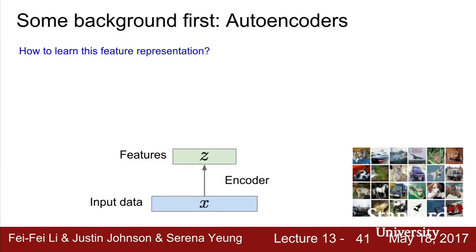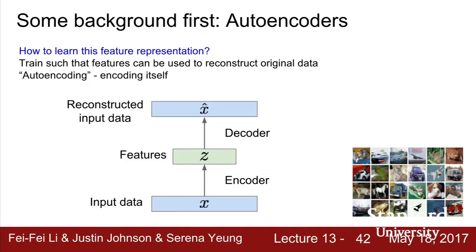So how can we learn this feature representation? Well, the way autoencoders do this is that we train the model such that the features can be used to reconstruct our original data. Right, so what we want is to have input data, then we use an encoder to map it to some lower dimensional features z. This is the output of the encoder network.